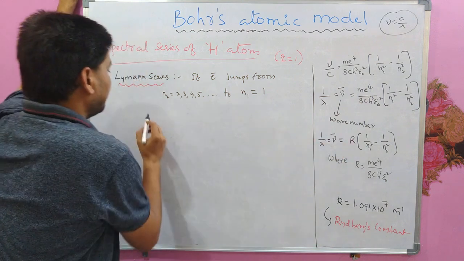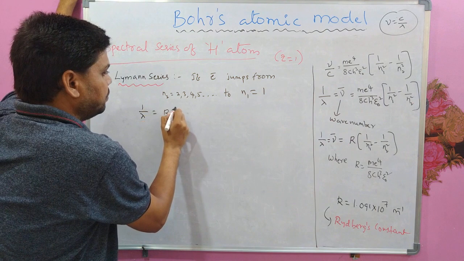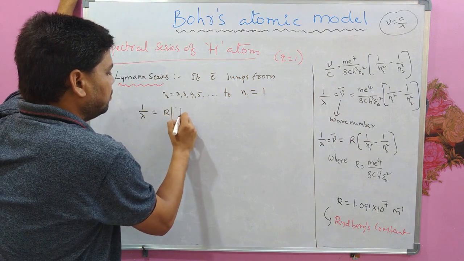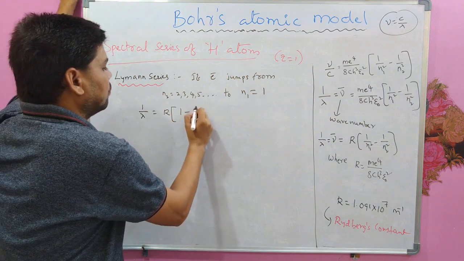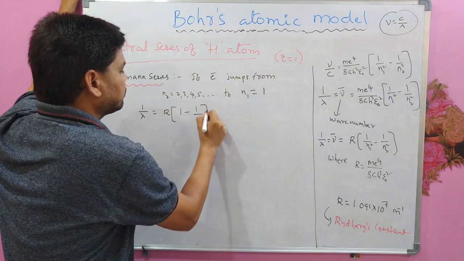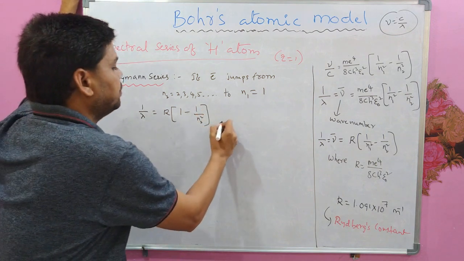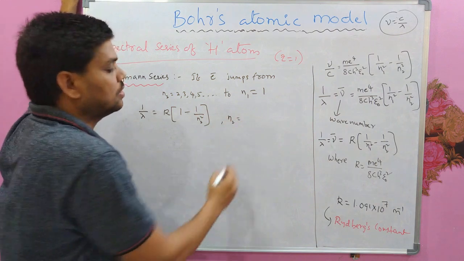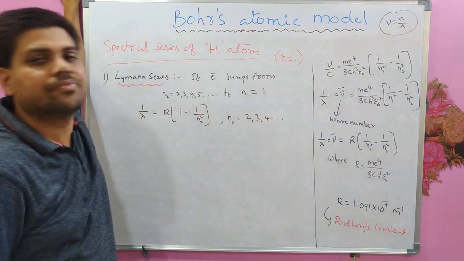And from this formula I can write 1 by lambda equal to R into 1 minus 1 by N2 square, and N2 is either 2, 3, 4, anything.